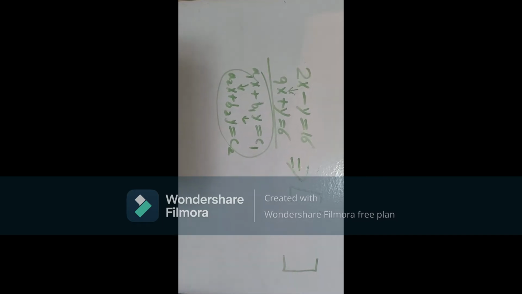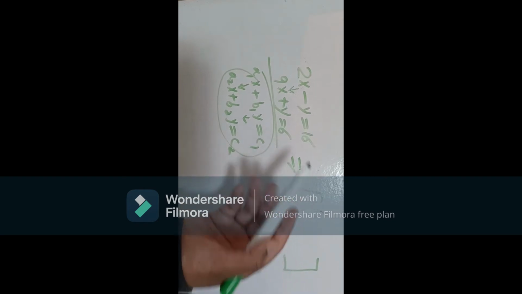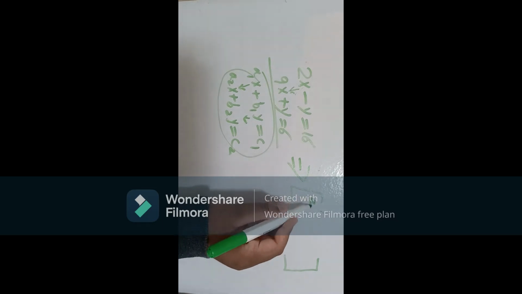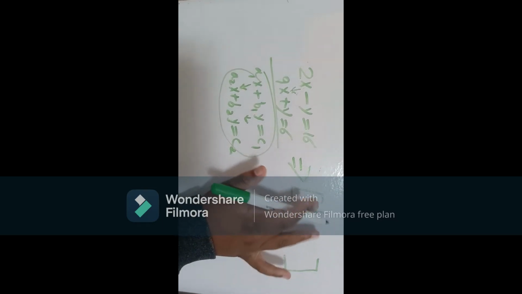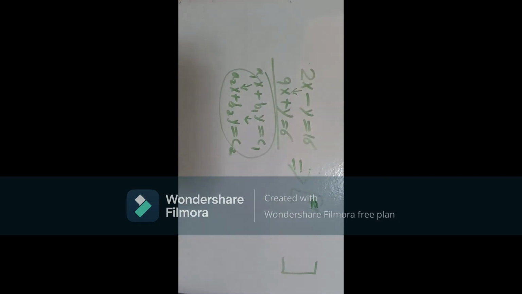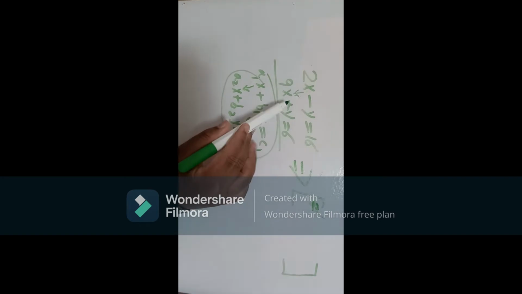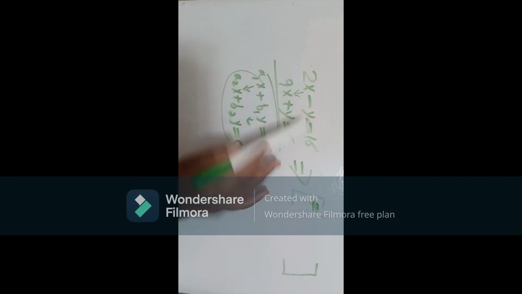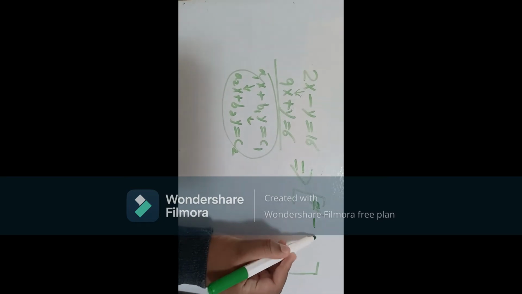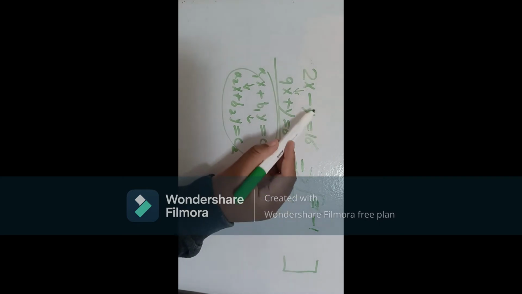So the first one, I have a 2, the 2x. I'm just looking at the coefficient of the x, so it's 2. And the next one is negative y, which means negative 1.